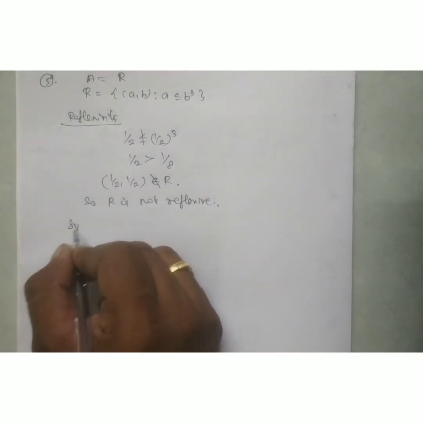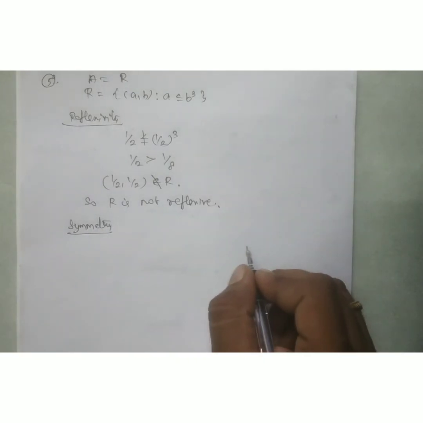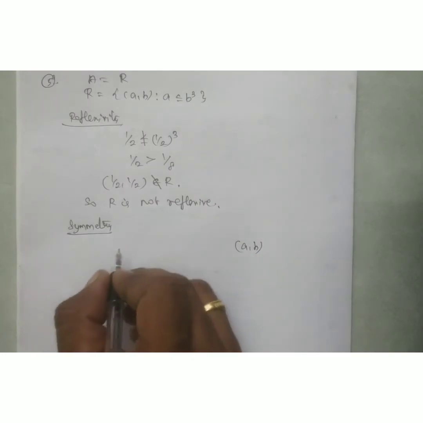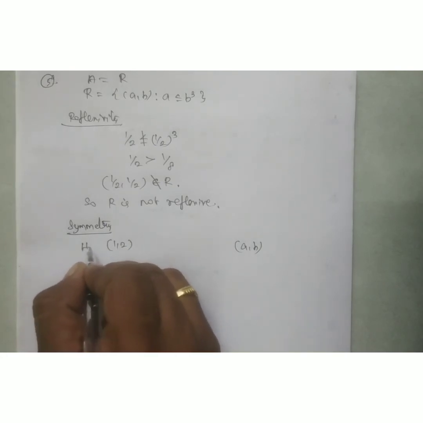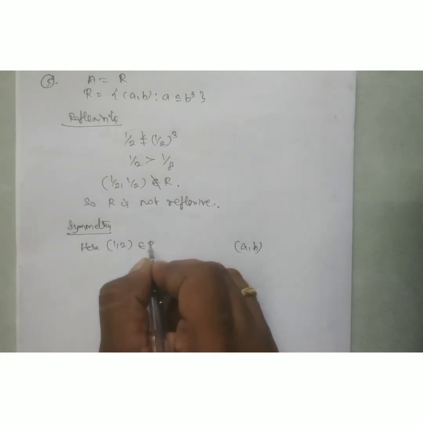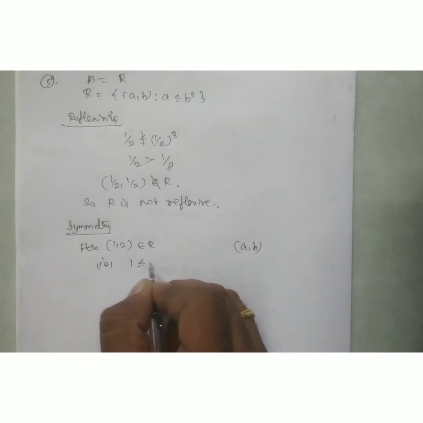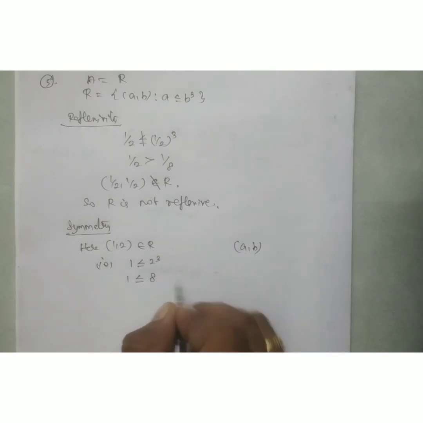Next we have to prove the symmetry. What is symmetry? If A comma B belongs to R, then B comma A also belongs to R. I need to prove it. For example, I am taking 1 comma 2. Clear? Here 1 comma 2 belongs to R, that is 1 is less than or equal to 2 cube, that is 1 is less than or equal to 8, which is true.